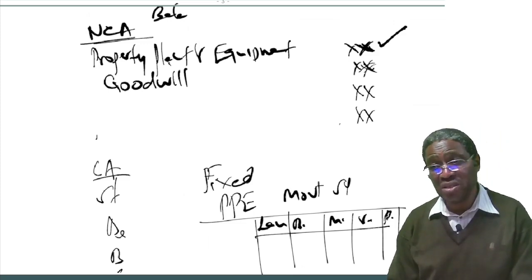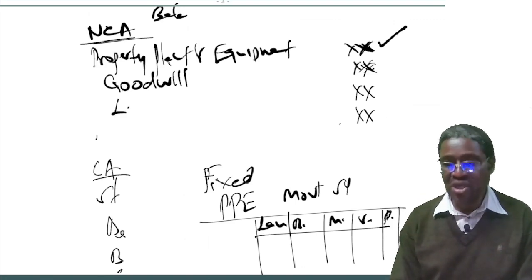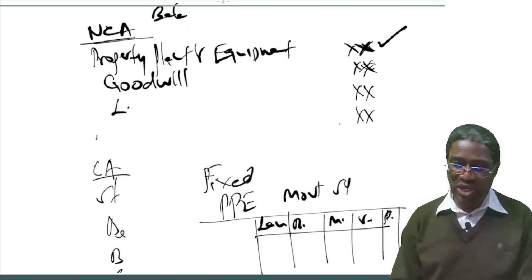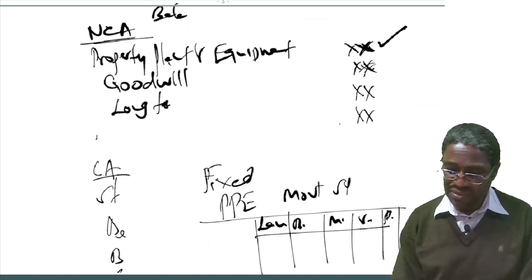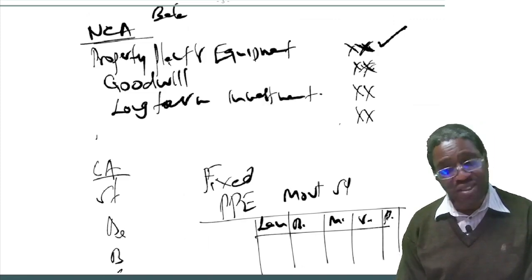Another one could be investments. Maybe you have long-term investments. You have bought shares in Safaricom and you are keeping them for the long term. So any long-term investment, of course, it cannot be shown under property, plant and equipment schedule.